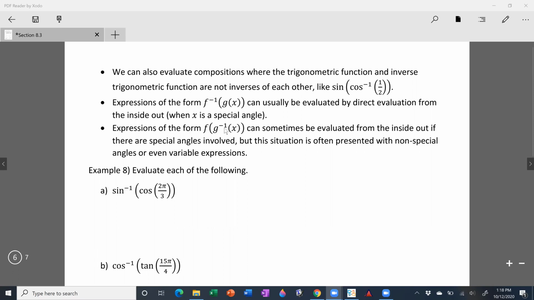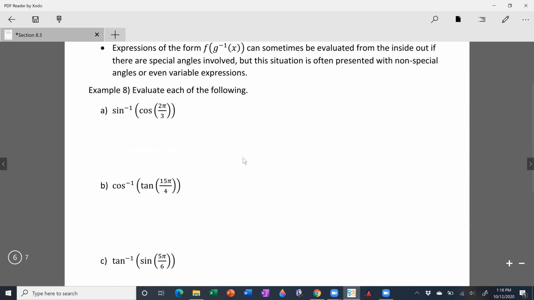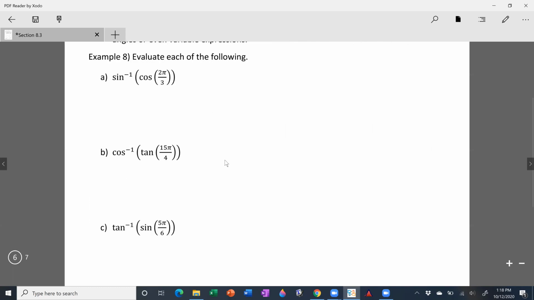Expressions where the inverse is on the inside can sometimes be evaluated from the inside out if there are special angles involved, but this situation is often presented with non-special angles or even variable expressions on the inside. If that happens, then we have to get a little more creative, maybe using some of the Pythagorean identities or drawing a picture of a triangle. Okay, so let's do these last few examples and we will call it a day.